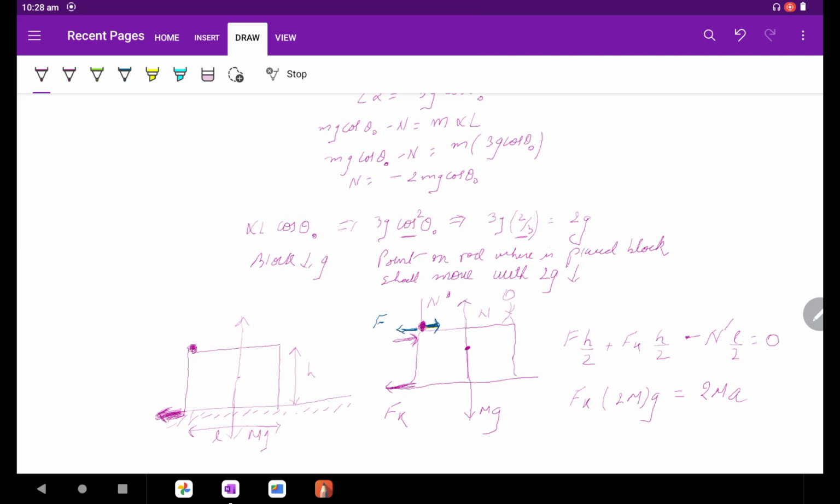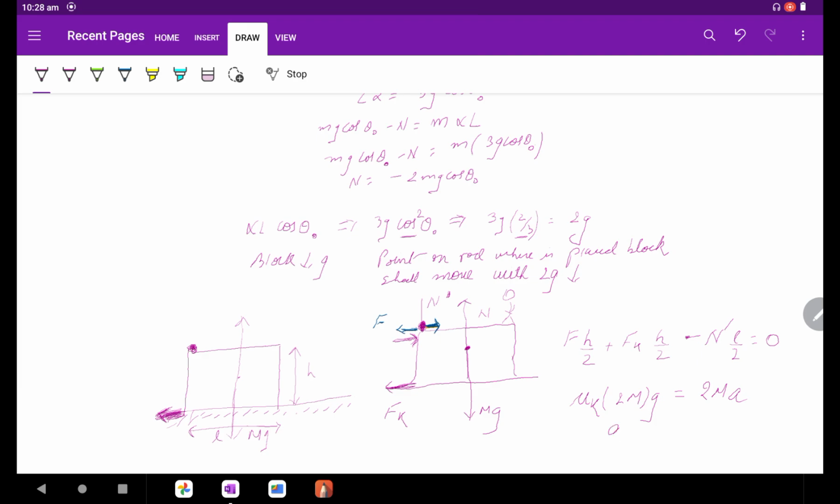Fk is equal to mu k into normal. Normal means total body, the entire system as a unit, so mu k into 2mg is equal to 2m into a.